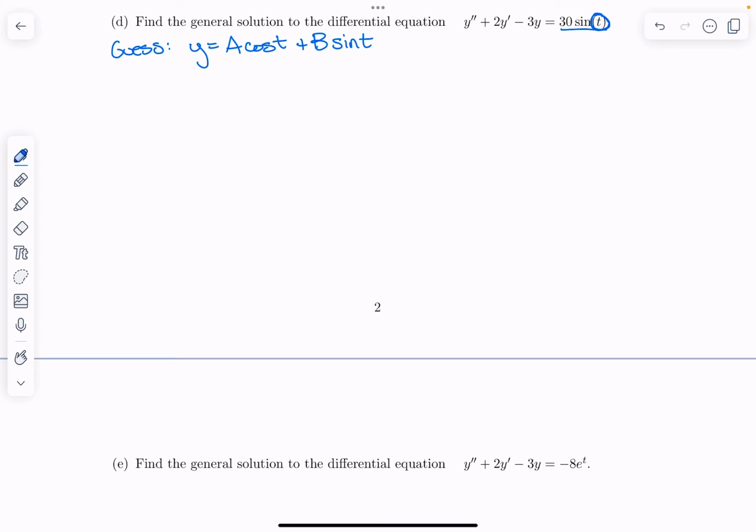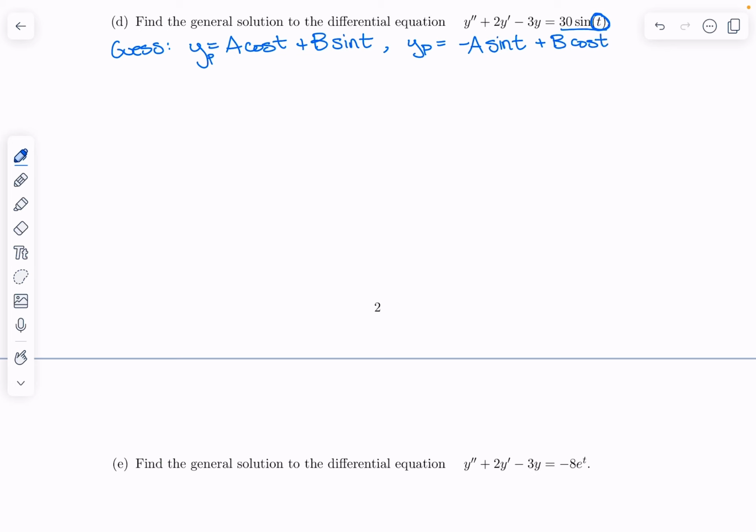Okay, so in order to plug this into the differential equation, I'm going to need to know what the first derivative is. The first derivative for my guess for my particular solution is going to be -a sine t plus b cosine t.